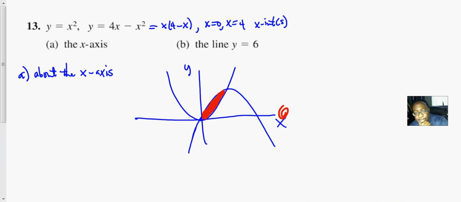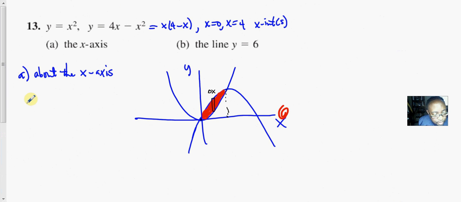which would imply then that the radius slice is perpendicular to the x-axis, right? Now notice the thickness of this slice is with respect to the x-axis. So we have delta x for our width. Now we need to determine the points there, or the limits of integration. Right? We set both of the equations equal to find that.